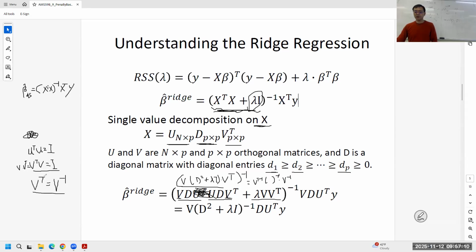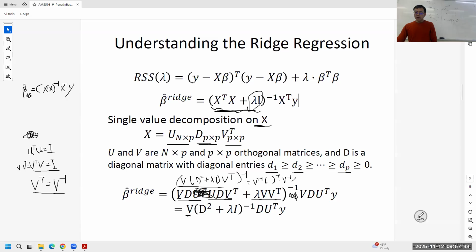So V transpose inverse is actually equal to V, back to itself. And V inverse is just equal to V transpose.